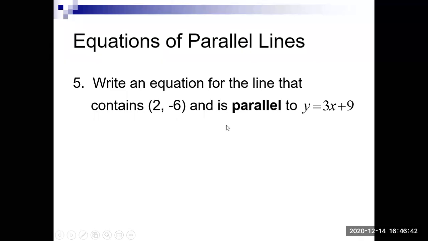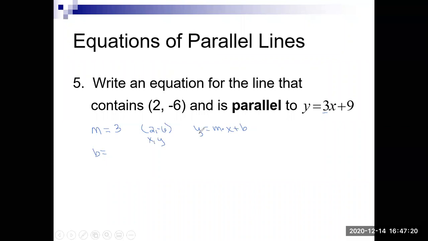Okay, for this next problem, we're going to do something similar. I need you to look at the equation that's given and tell me what the slope is. So what is your slope? Yes, the slope is 3, the number in front of x. Okay, so I have a point of (2, -6), and my goal is to find b by substituting into my slope-intercept equation and solving for b so I can finish writing my slope-intercept equation.